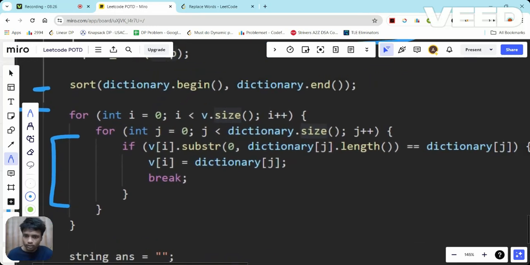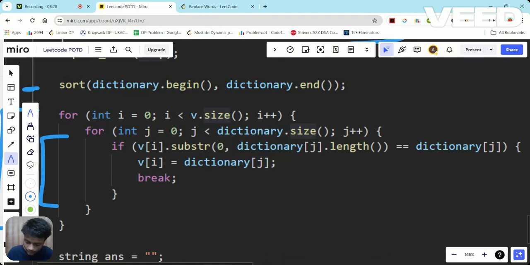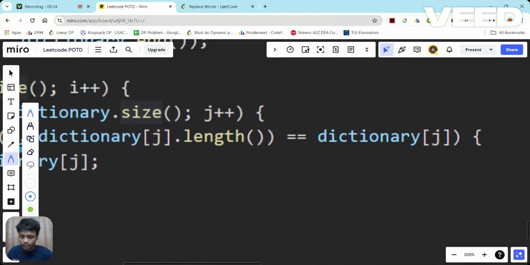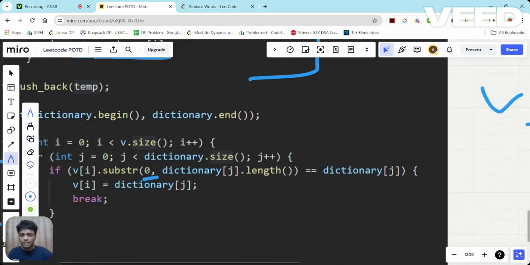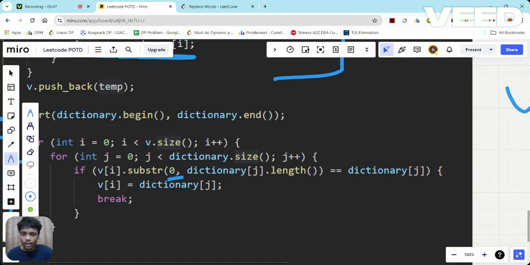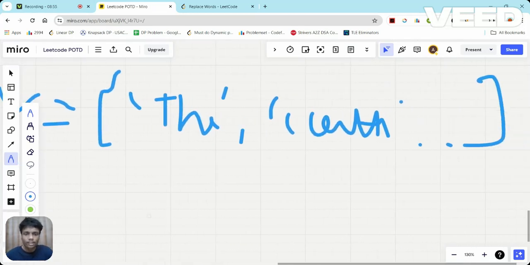I am checking the substring of v[i] from 0 to the length of the dictionary word, basically checking whether the dictionary word arrives as the prefix of the word in v or not. If it is equal to that word, in that case I will simply do v[i] equal to the dictionary word, which means I have replaced that word.